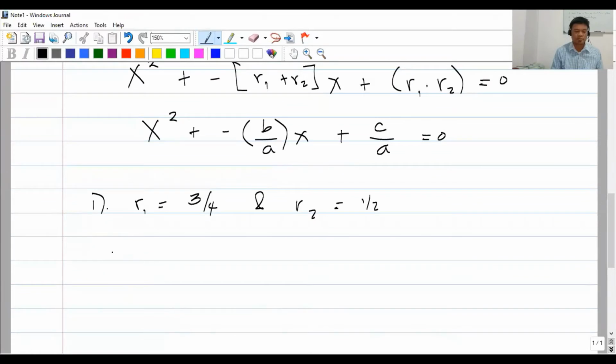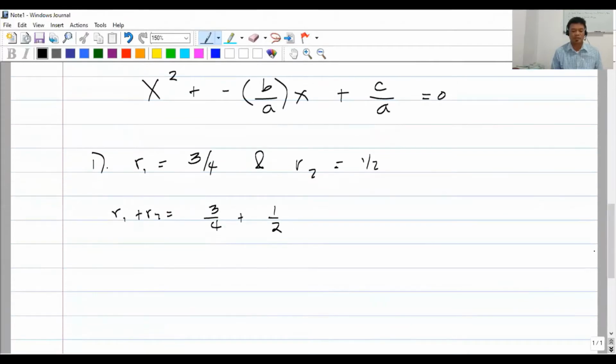So the sum, r1 plus r2, is equal to 3/4 plus 1/2. Take note that our roots are fractions and these are dissimilar because they have different denominators.